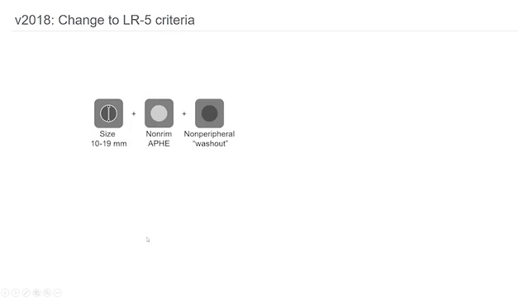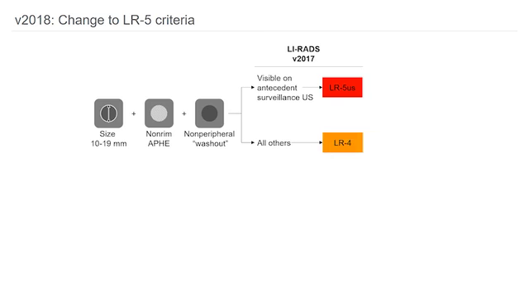So what is this change to LIRADS 5 criteria? Well, if we have an observation which is 10 to 19 millimeters in size, has non-rim arterial phase hyperenhancement and non-peripheral washout, in LIRADS 2017, visibility on antecedent surveillance ultrasound was required for categorization as LR5. All other observations would fall under the LIRADS 4 category.